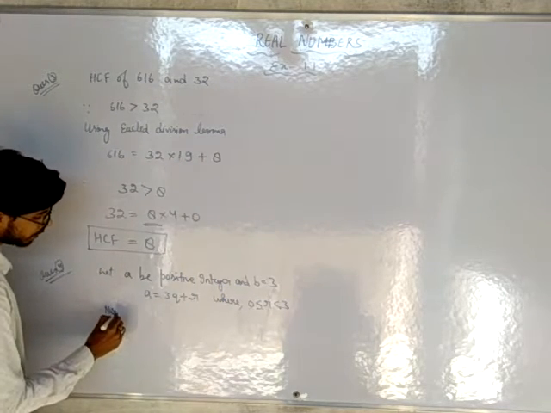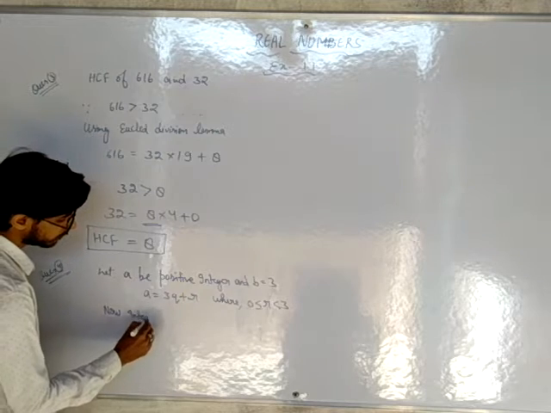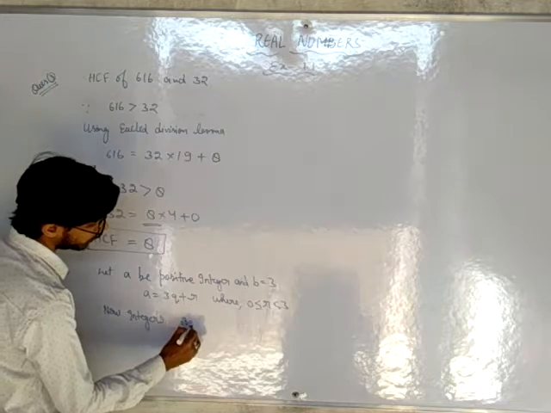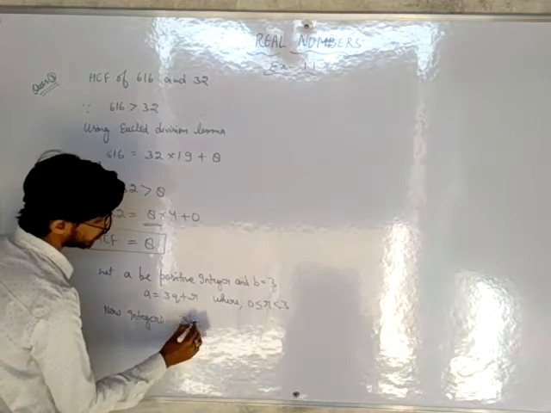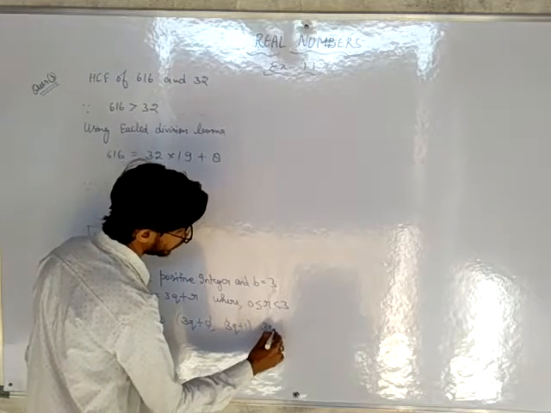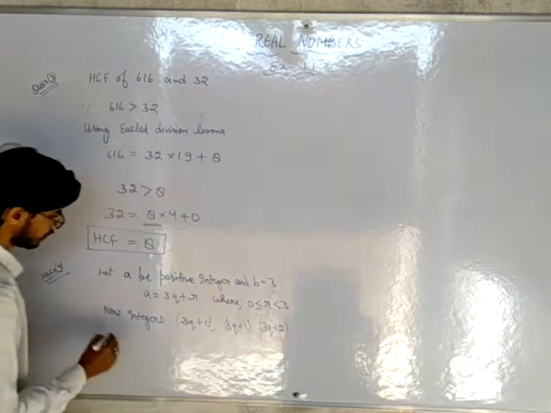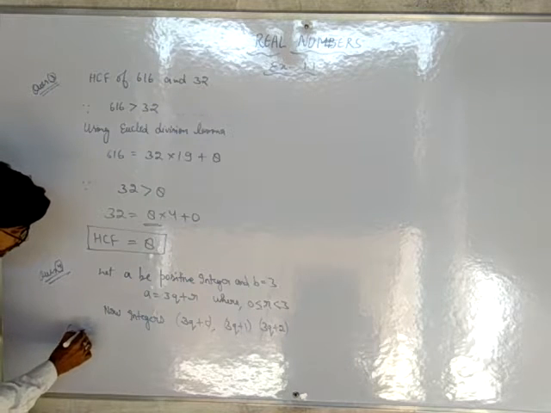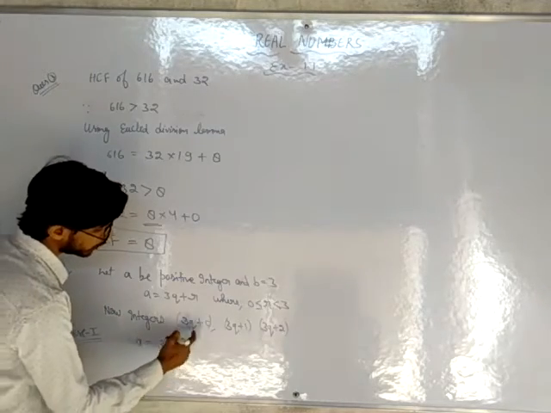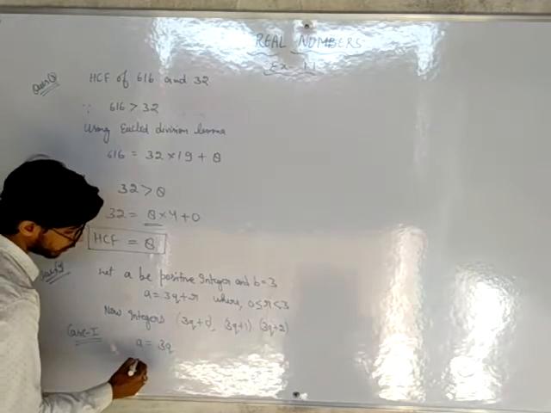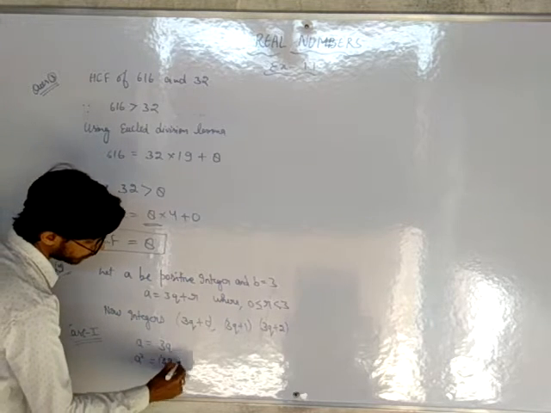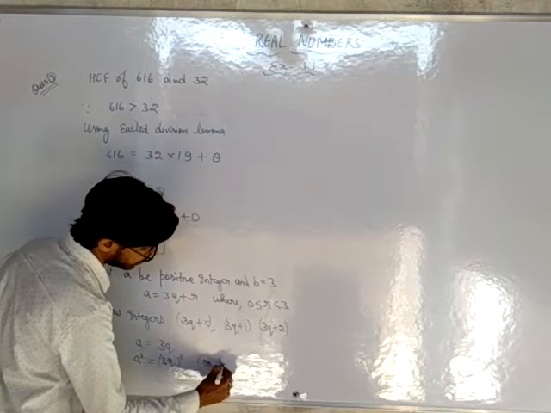So now the integers are 3q plus 0, 3q plus 1, or 3q plus 2. So case 1, when a is equal to 3q plus 0 or 3q, on squaring both sides, a square is equal to 3q whole square.